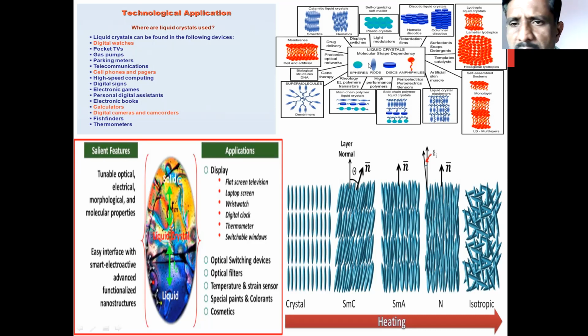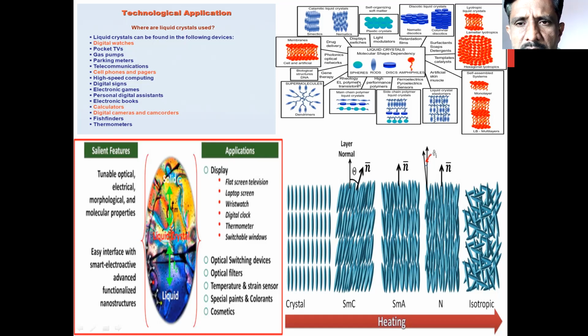Due to the existence of this molecular shape dependency, we can prepare different types of polymeric material. These polymeric materials show different types of property, either physical or chemical.